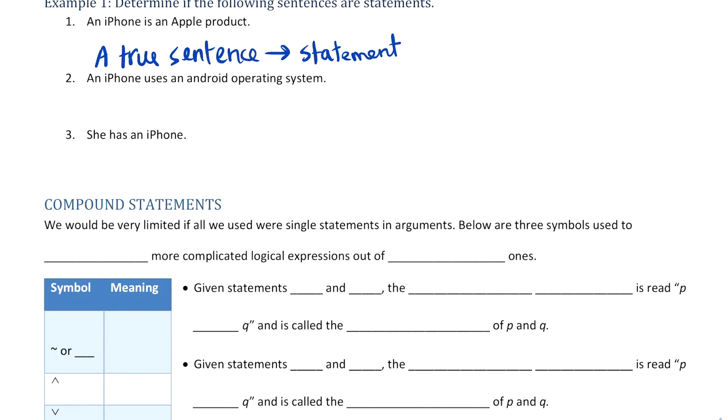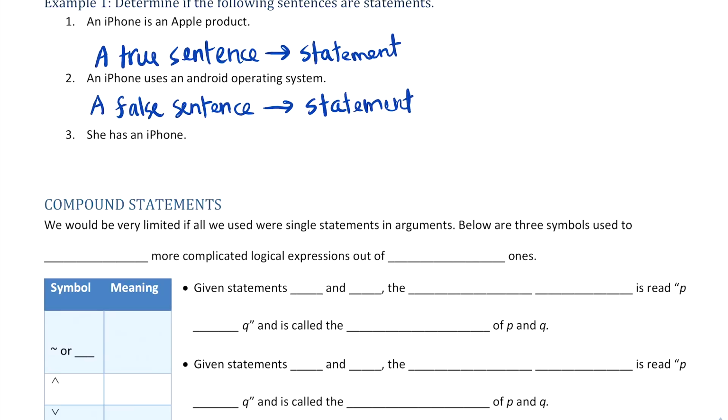Now, an iPhone uses an Android operating system. Again, this is a sentence, but it's false, right? iPhones use iOS, not Android. So this is a false sentence. So we still have a statement. Meets the definition.